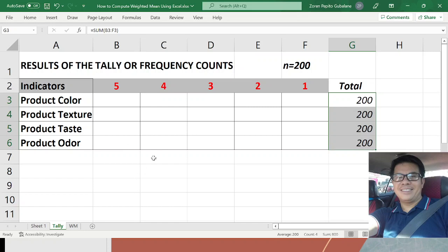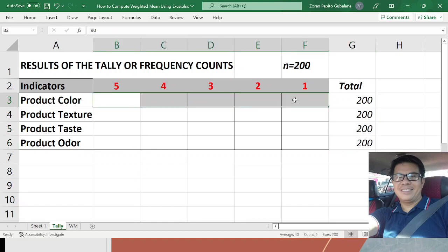Now, let us assume that we have already processed the data. Here are the data.